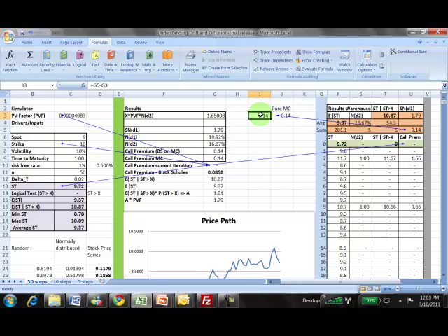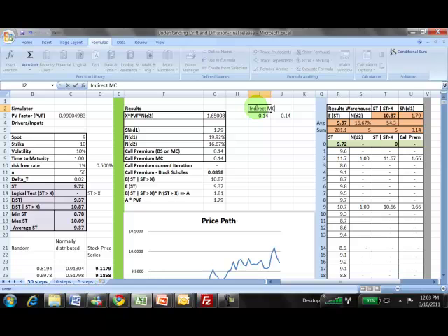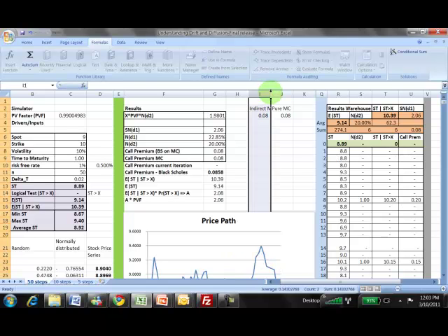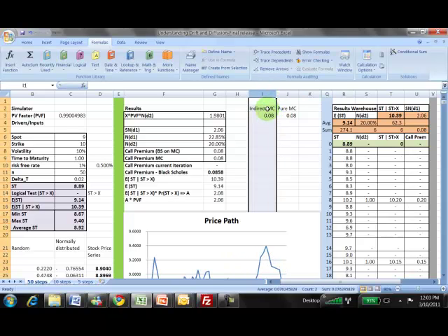The second method is an intuitive method that also uses the same results, but it does not calculate the value of the call option directly. Let's call this the indirect method, indirect MC. Now the indirect MC is actually an indirect implementation of the Black-Scholes method using Monte Carlo simulation.